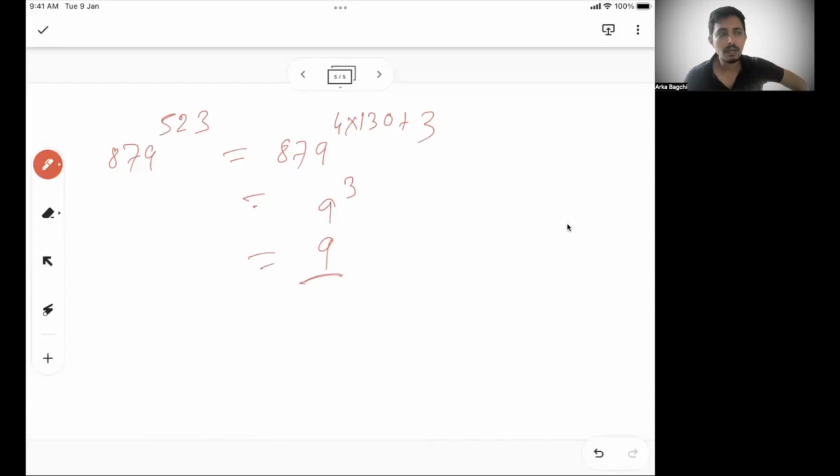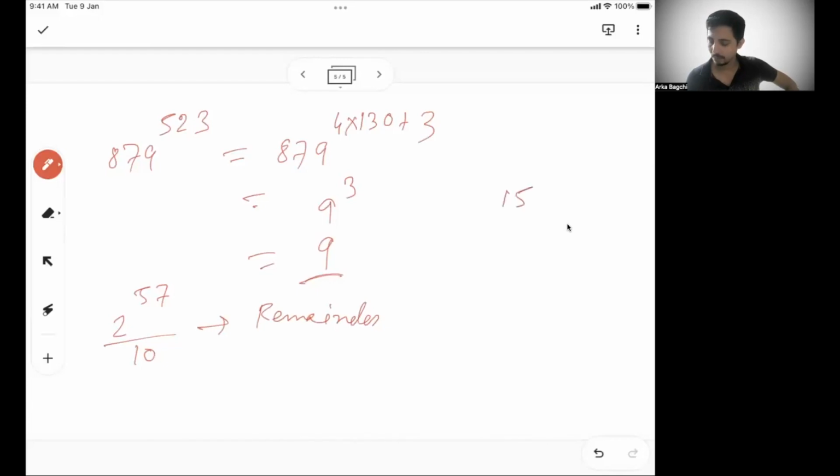So this is one. Then another type of problem that may come in: let's say I have 2 to the power 57, divide by 10, tell me the remainder. I will do a complete remainder session in the next session and cover the entire remainder theorem, but this does not require a remainder formula or the remainder theorem. If I divide any number by 10, what you get is the last digit.